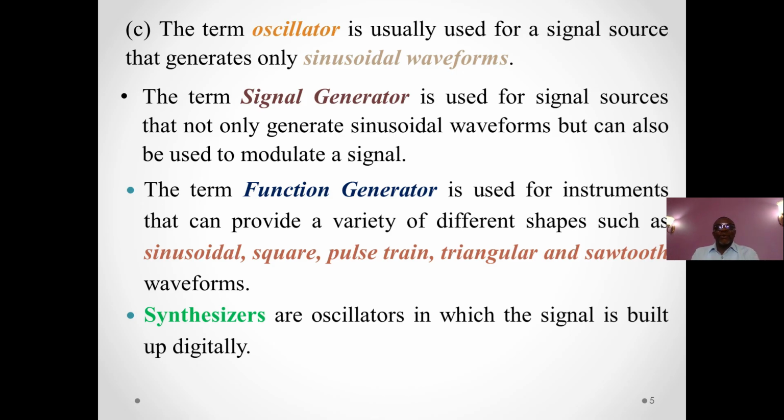We say that when we use the term oscillator, we usually use it for a signal source that generates only sinusoidal waveforms. The term signal generator is used for signal sources that not only generate sinusoidal waveforms, but can also be used to modulate a signal.